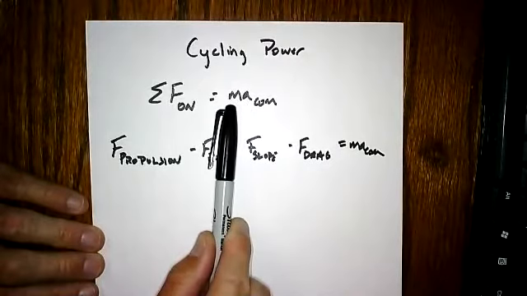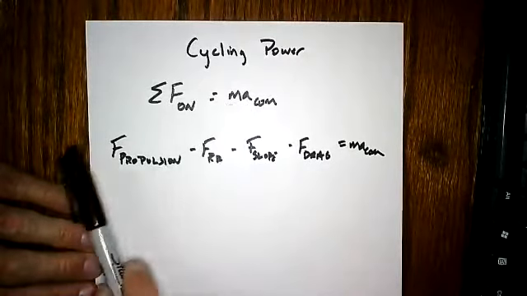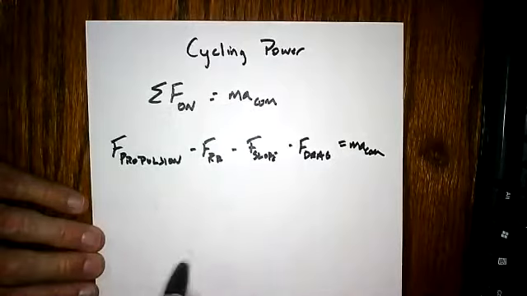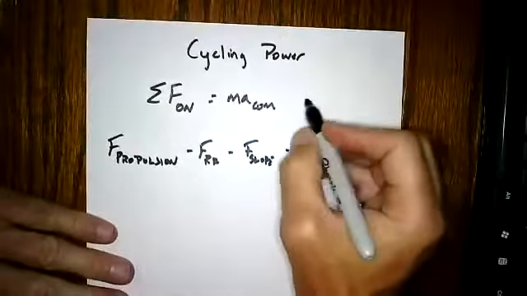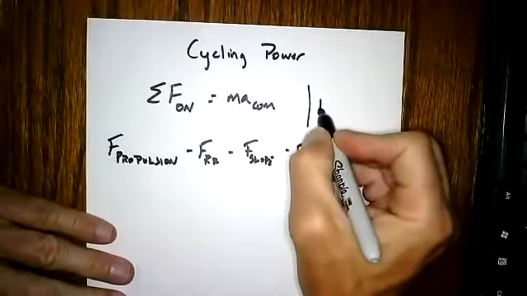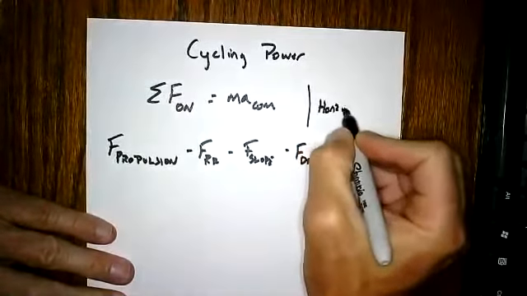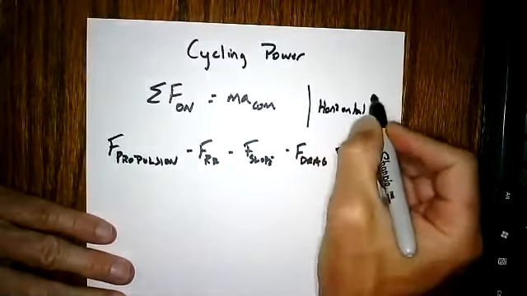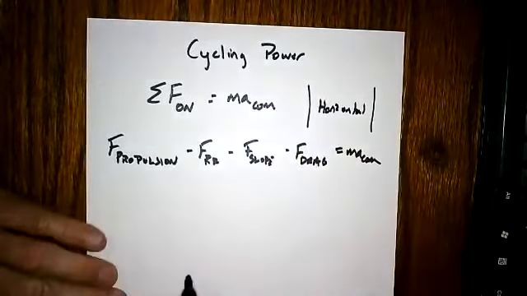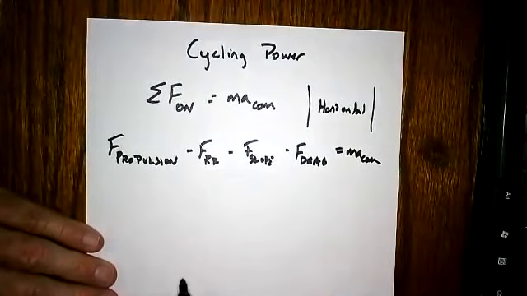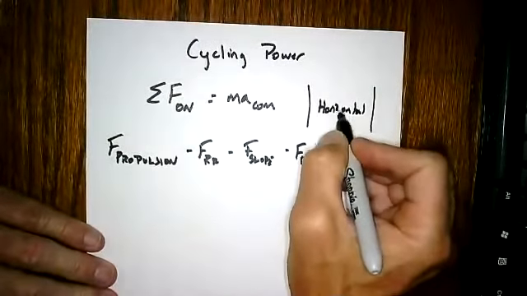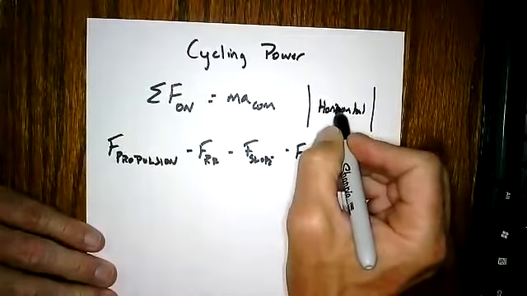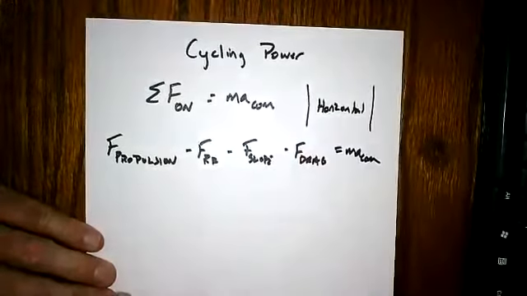Again, mass is the bike rider system together, and that's the acceleration of the center of mass of the bike rider system together. Now, we're only going to concern ourselves with horizontal movement right now, not vertical, okay? So we only add up the forces acting in the horizontal direction.